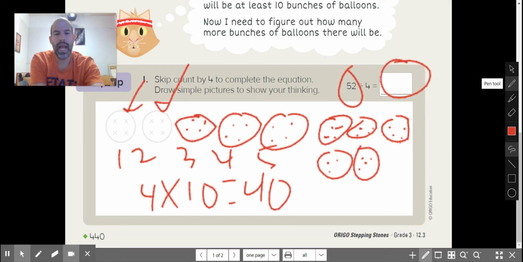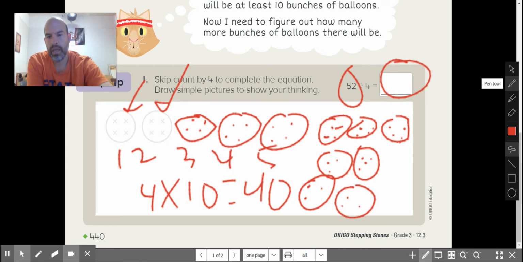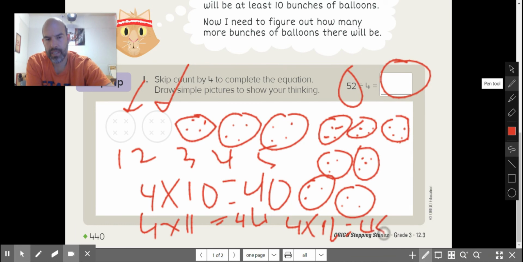So we could use that as kind of our base to help us get started, then keep going with another one and another one. And that would be the equivalent of 4 times 11, 44, 4 times 12, 48.